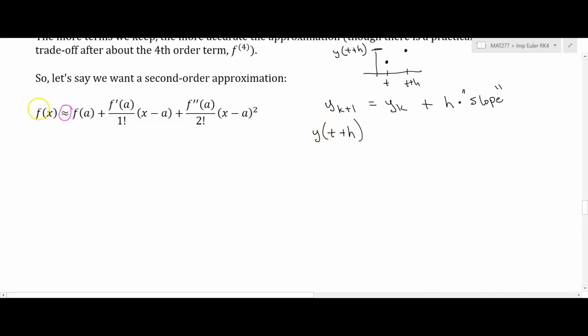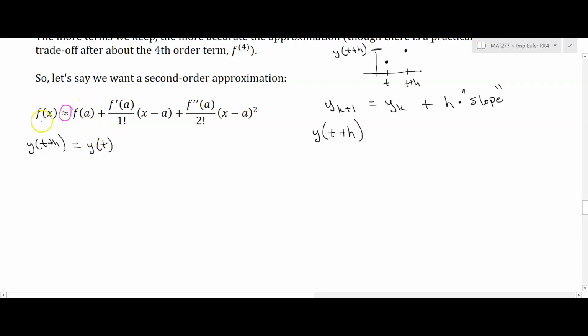Now, that's kind of like my f of x. That's what I want to estimate on this side. So what I'm going to do is I'm just going to say, all right, well, this is analogous to saying I want to expand y of t plus h. Now this point right here is central to the function, and so I'm gonna write almost without too much justification here that this term is going to be like our y of t.